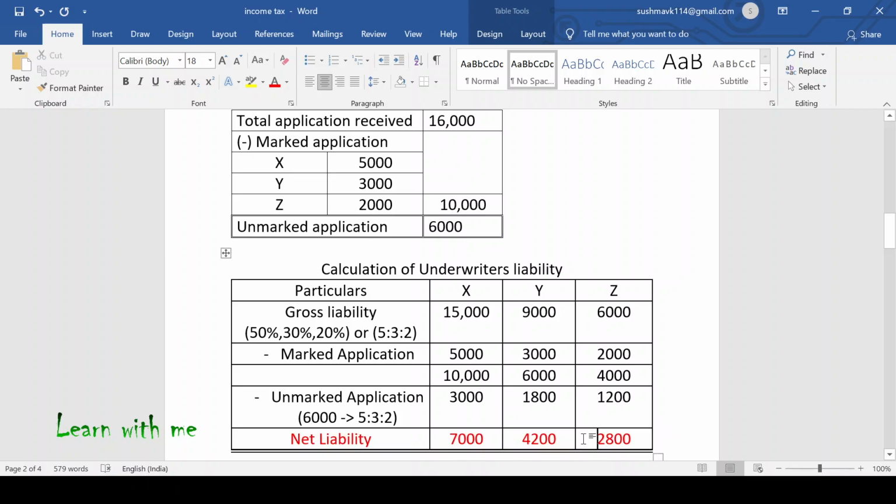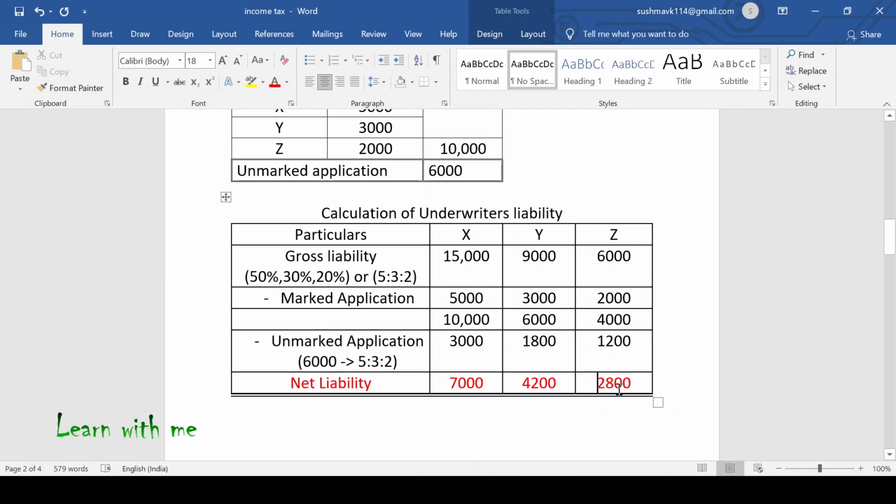So whatever the net liability is, this amount of shares should be purchased by the underwriter out of their own pocket. Here, in case of X, he has to purchase 7,000 shares, and in case of Y, he has to purchase 4,200 shares. In case of Z, he has to purchase 2,800 shares. Why?